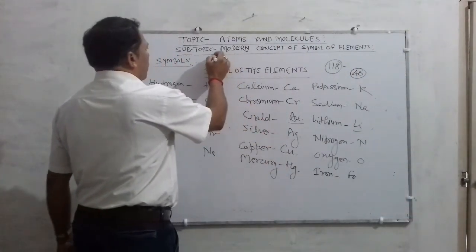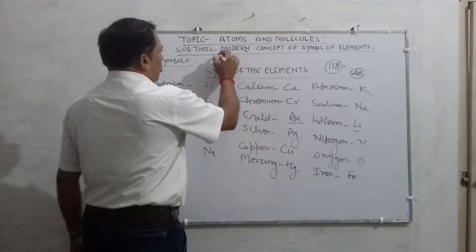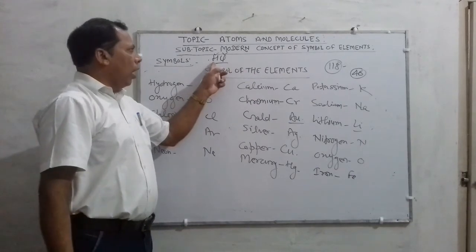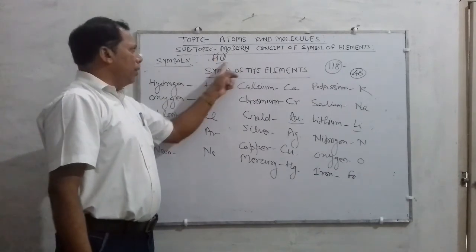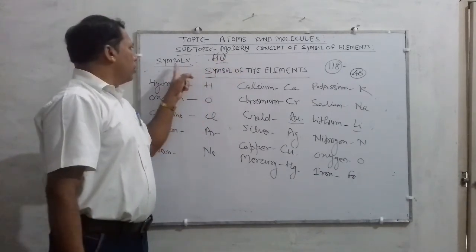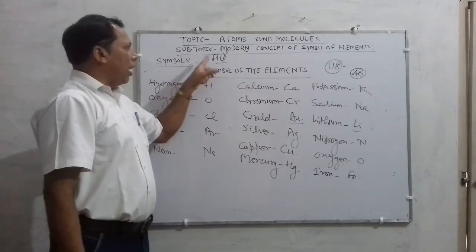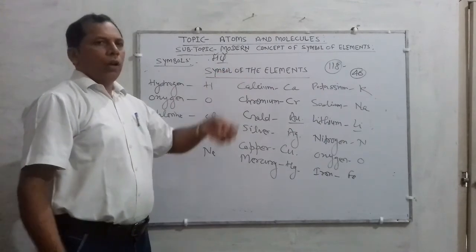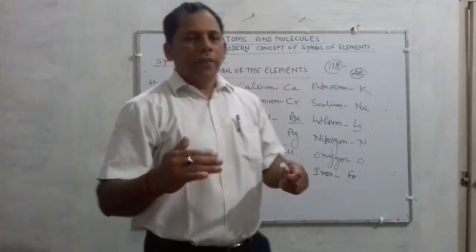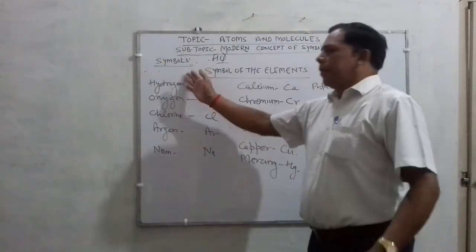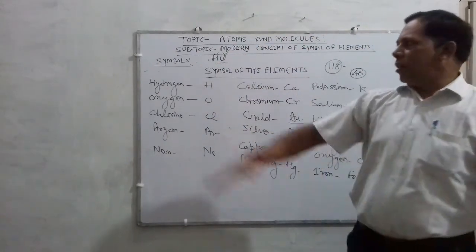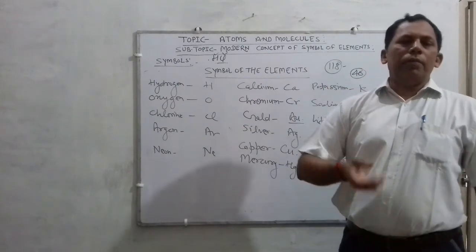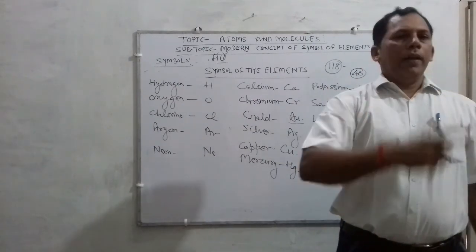Suppose we have to construct hydrogen chloride. Two elements, hydrogen and chlorine, are participating, so their two symbols are used. This is the meaning of how the symbol of an element is applied in constructing a chemical formula. These are some applications of symbols. Must remember them, and in the next lecture I will discuss valency.